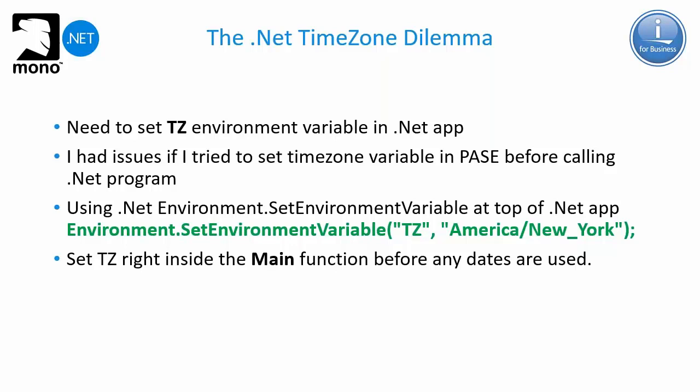If you set it in PASE or even in the regular OS/400 job, it converts to a numeric format. I don't know if you guys knew that too, but I don't get America/New_York. It converts it to a weird time format that Mono doesn't like. So at least for right now, this is how I recommend you set your time zone. Maybe you have a setting in your application or something like that, but that'll make sure you get dates and times and that sort of stuff correct.